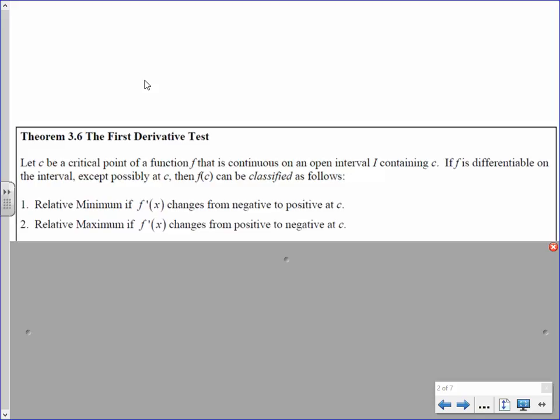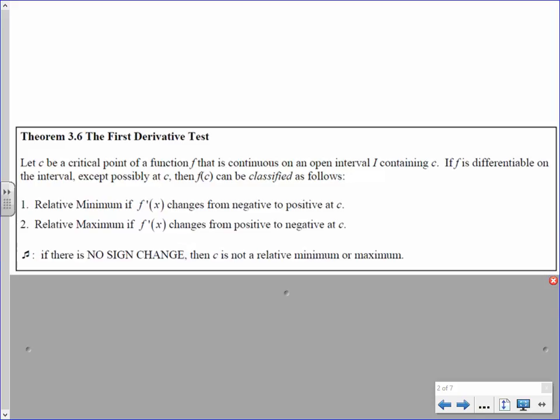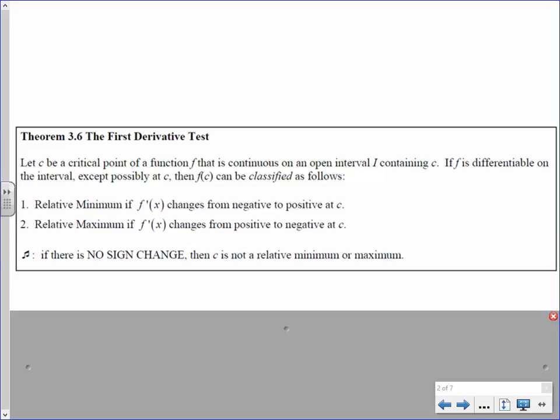Could there be times where the sign of the derivative does not change? That is possible. If that's the case, then we don't have a relative minimum or a relative maximum there. It's a critical point, but it's not a minimum or maximum, and that is okay.